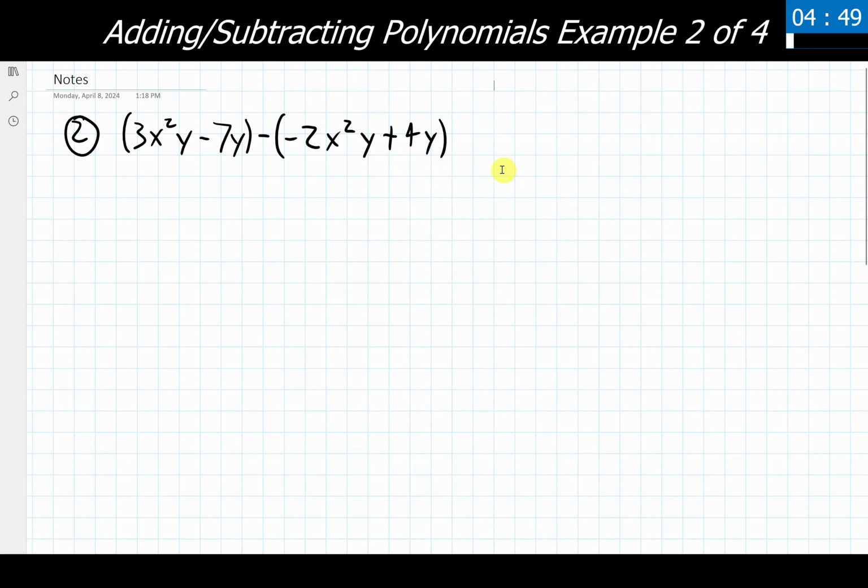Now we have parentheses showing up, and we have subtraction going on with those parentheses. We want to get everything outside of parentheses first and get those taken care of before I can actually add or subtract or combine any like terms together.